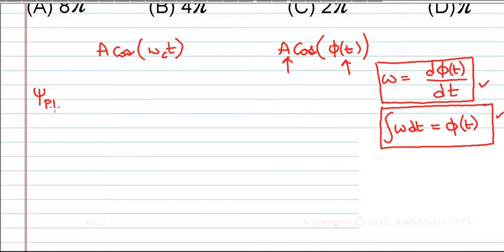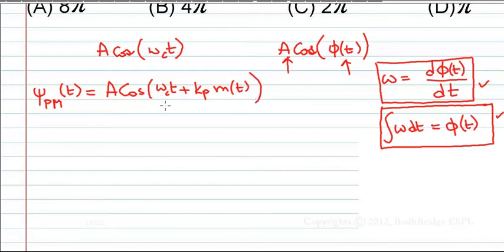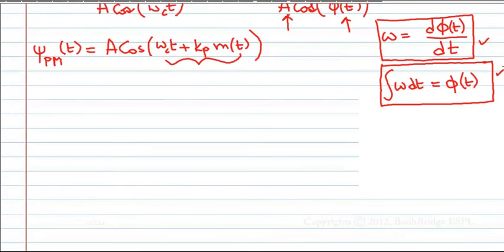Psi pm of t, I will represent it, is A into cos of the phase term phi of t, that is omega ct plus some constant Kp, the phase constant, into m of t. According to m of t, this whole term varies. This is called phase modulation.